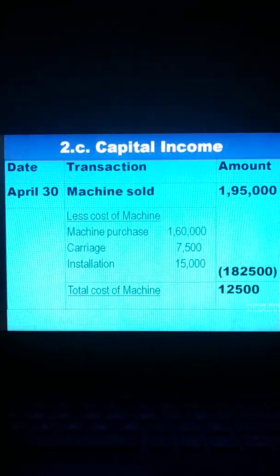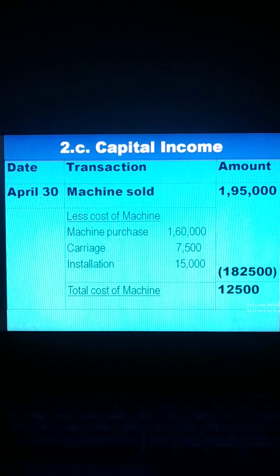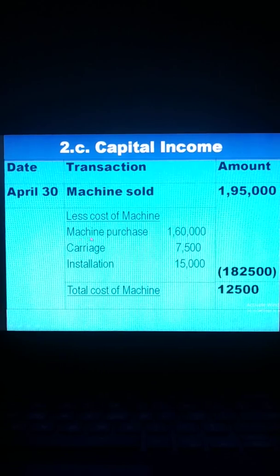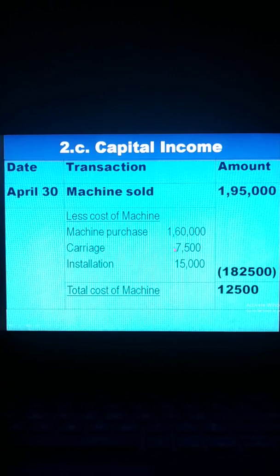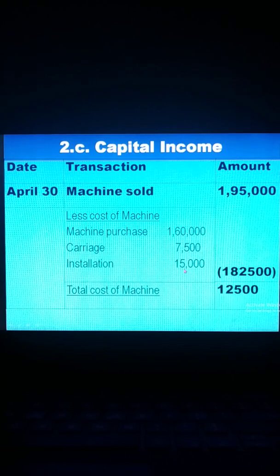Then capital income. Income means selling price minus cost price. The difference is income. Here you sold the machine for 1,95,000. What is the total cost of that machine? Let's find out the total cost. Total cost of that machine means machine purchase 1,60,000, carriage expenses for that machine 7,500, and installation expenses for that machine 15,000.